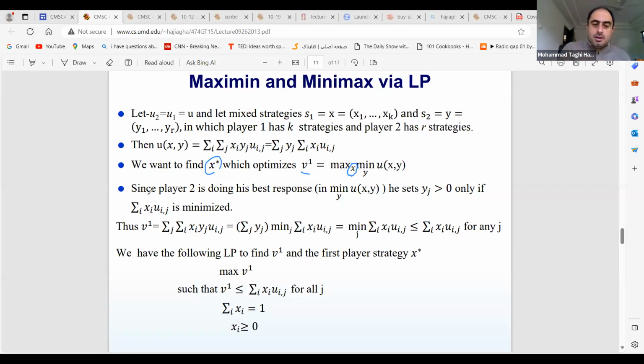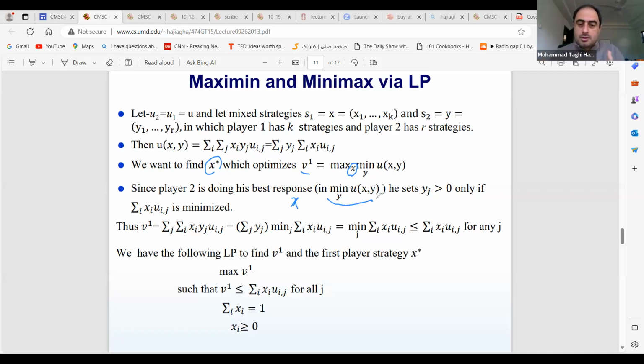Now, since player 2 is doing his best response, whatever strategy x the first agent takes, agent 2 is doing his or her best response in the minimum.